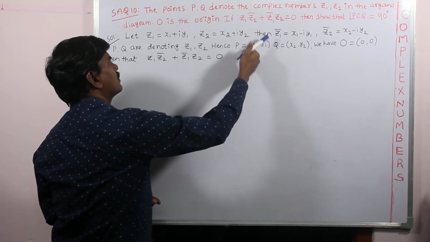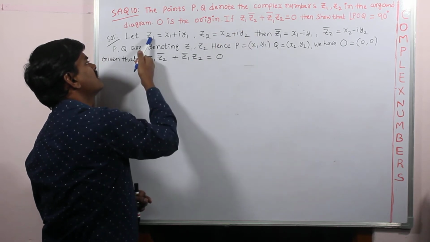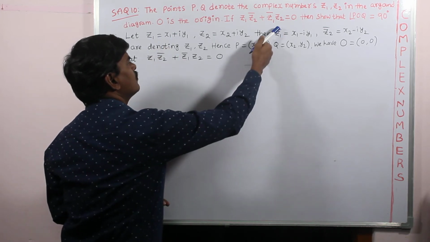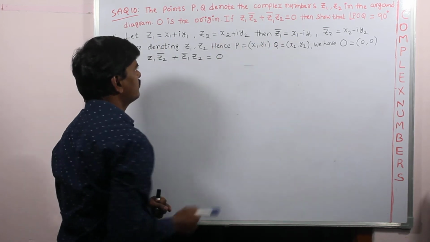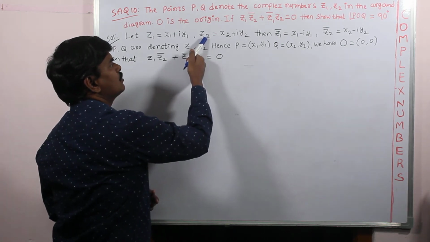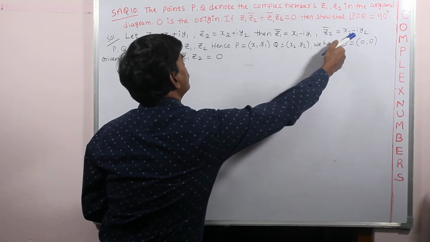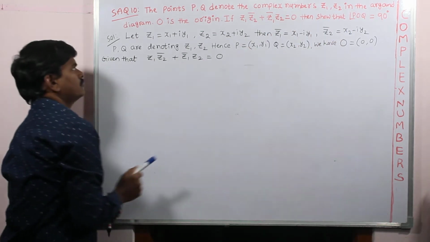What is Z1 bar? The conjugate of complex number Z1. If Z1 is x1 plus iota y1, then Z1 bar becomes x1 minus iota y1. Similarly, if Z2 is x2 plus iota y2, Z2 bar can be written as x2 minus iota y2.